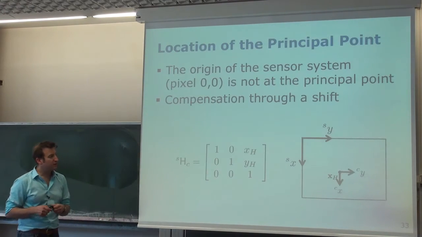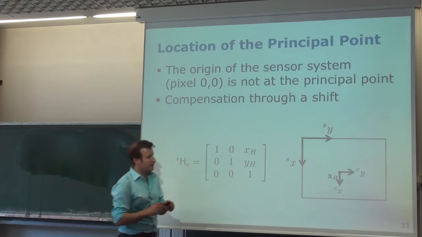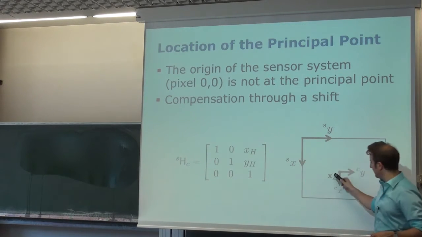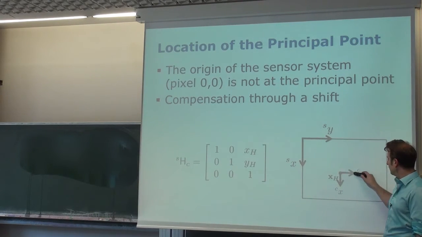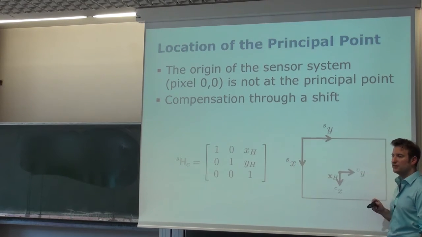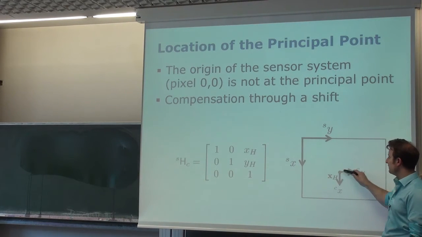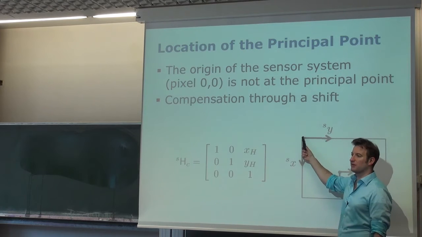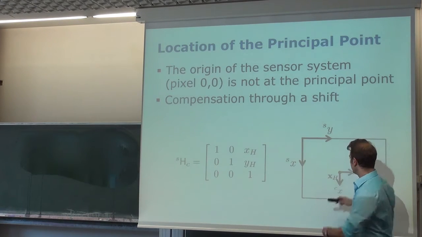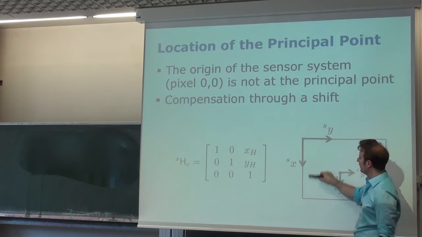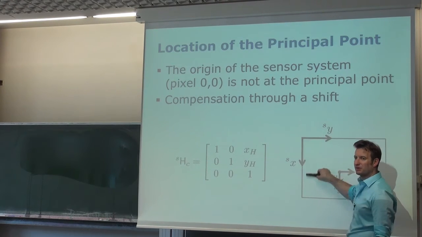Let's start with the sensor system. The principal point, xh, sits over here with the x and y axes in the coordinate system of the image plane, but my sensor starts somewhere over here. I don't want to let the sensor start here, because I would lose the information about this part of the image.